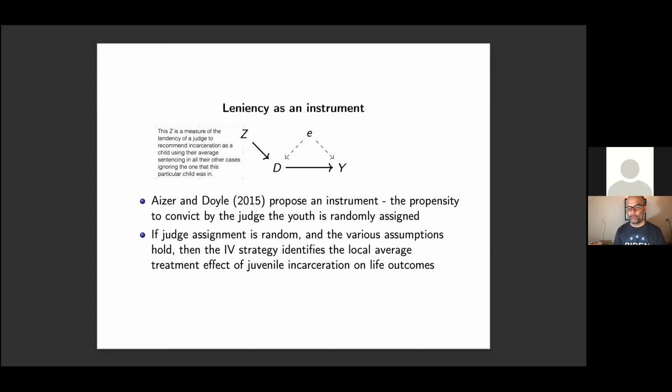So let's think about the exogeneity property. Why would Judge A's strictness with all his other defendants be relevant to how he decides on mine?